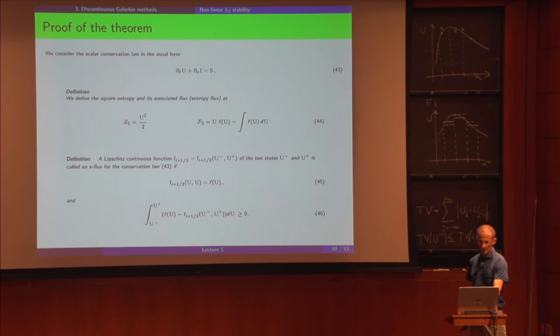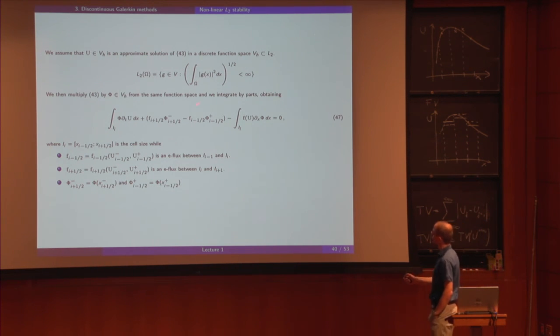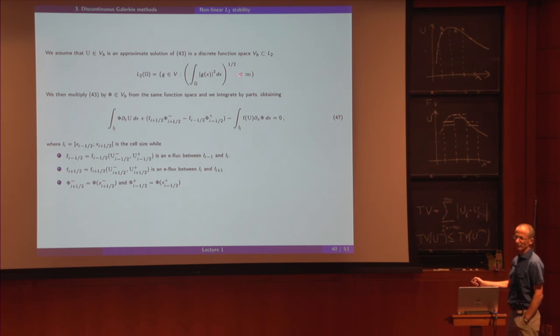Definition. Now we assume that u belongs to a functional space Vh, as it is an approximate solution of our PDE. So Vh is included in L2. Now L2 is a functional space of functions with a finite two-norm, defined in this way.